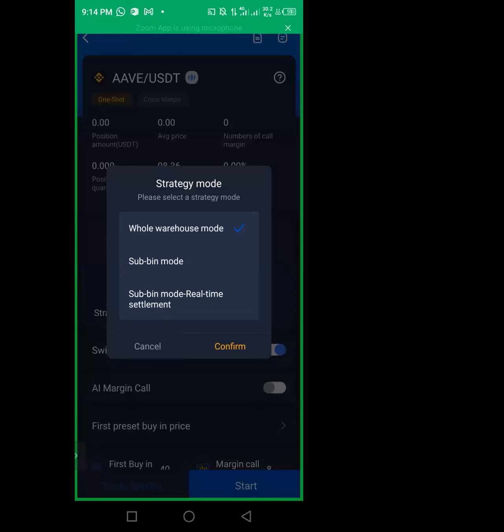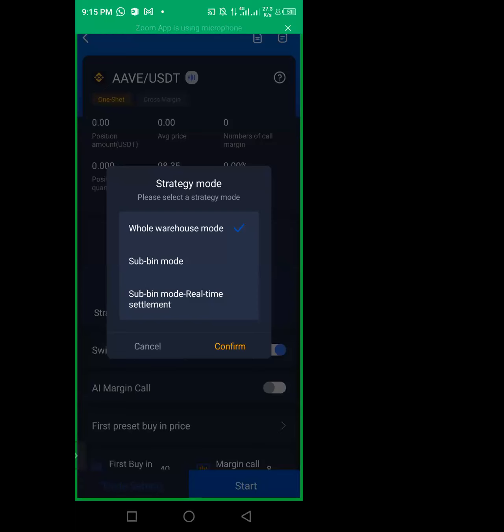The robot, when it buys the first one, which is your first buy-in amount, maybe your first buy is $20. It is used out of your capital for the trade. Maybe you have $200 to trade a coin, and the robot started with $20 and reserved 180.